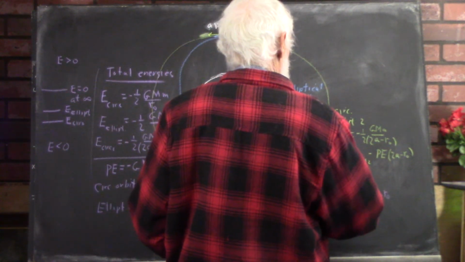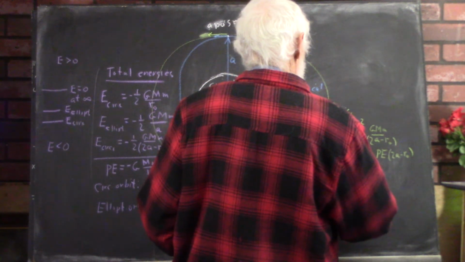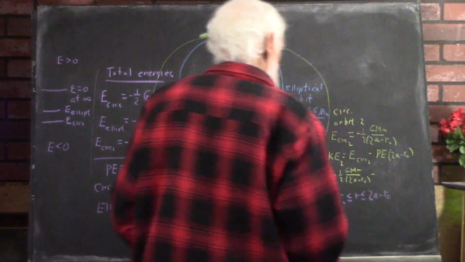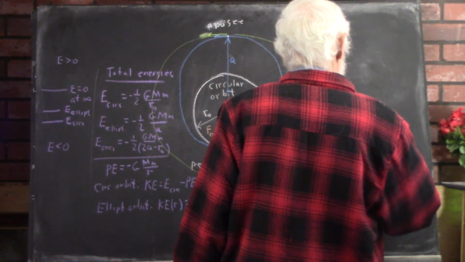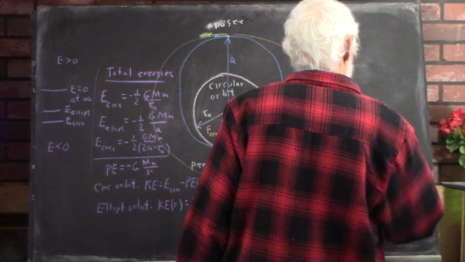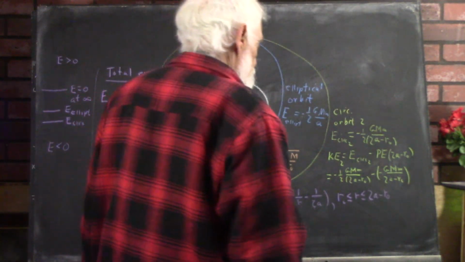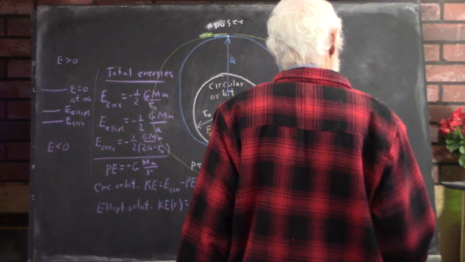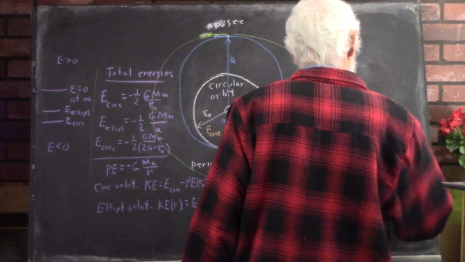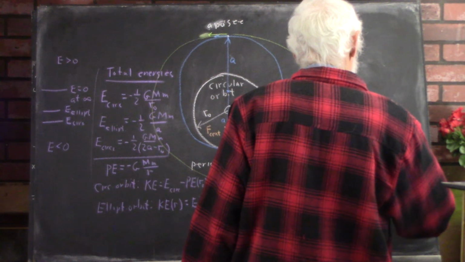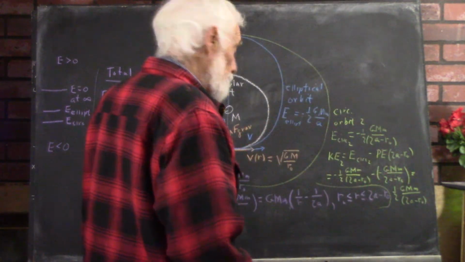And that's going to be -1/2 big G, big M, little m over 2a minus r naught, minus the potential energy at this distance, which is negative big G, big M, little m over 2a minus r naught, which is going to end up being just positive 1/2 big G, big M, little m over the quantity 2a minus r naught.